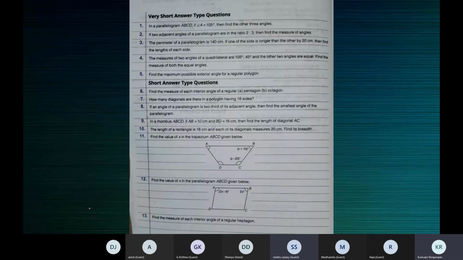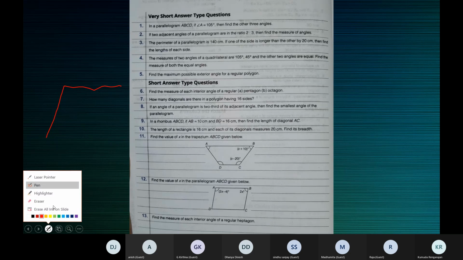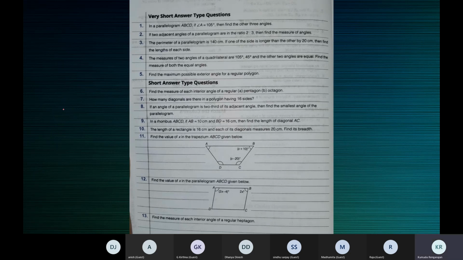What are the angles? Ma'am, angles are 108, 72 and 108 and 72. Okay, we'll see. So for question number 8, it is again about a parallelogram.